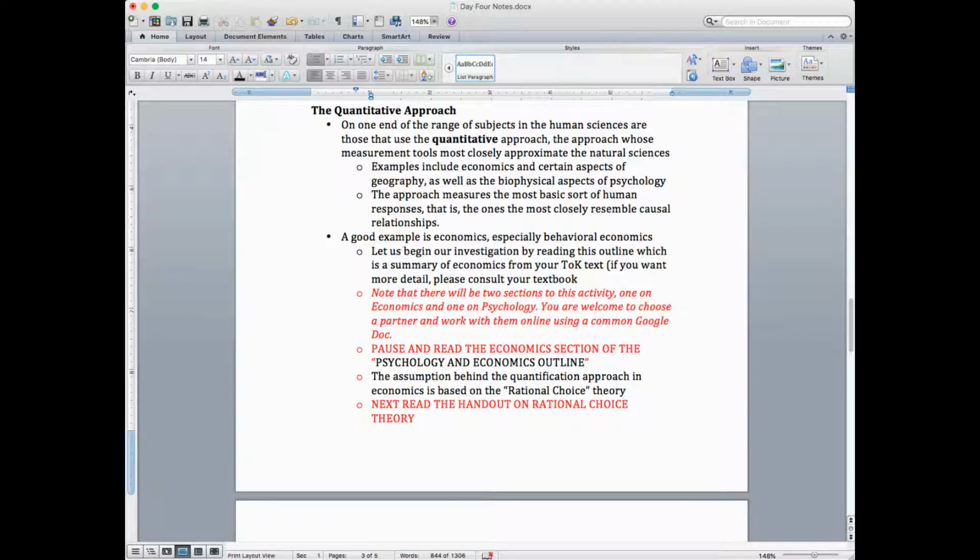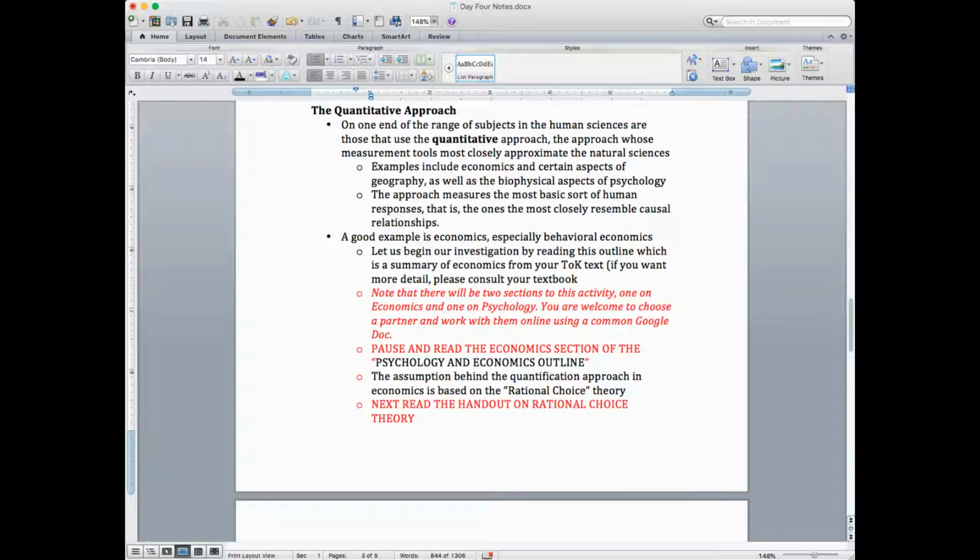Now, once you've read the economics outline, the next thing we have to consider is, okay, what assumptions is this approach based on? And the answer is quantitative methods in the human sciences are by and large based on the rational choice theory.